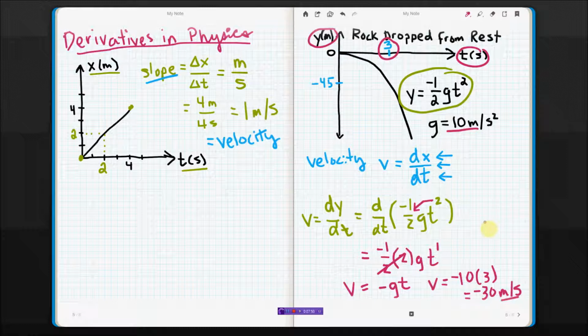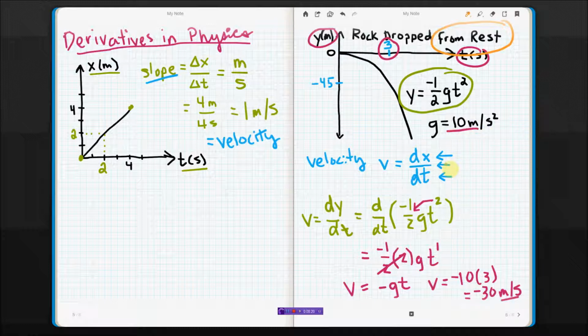And we can check that by thinking about acceleration from last year. Remember, acceleration is the change in velocity per second. We said that this thing was dropped from rest. That means that it started with a velocity of 0. If I'm going 3 seconds later, well, at time 0, the velocity would have been 0. 1 second later, it would have been negative 10.